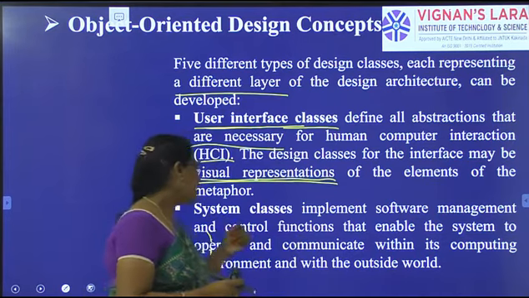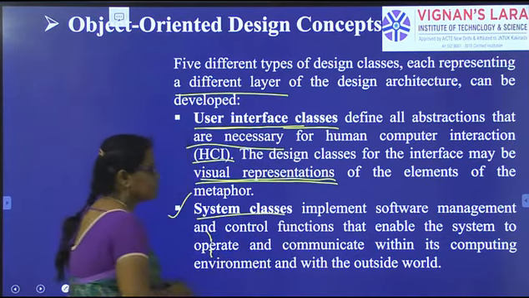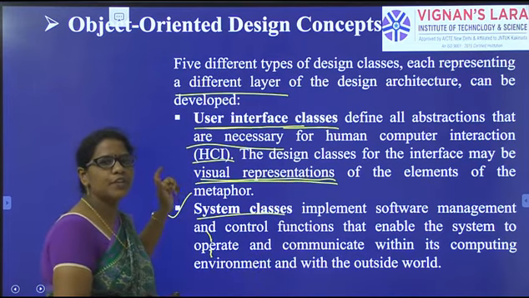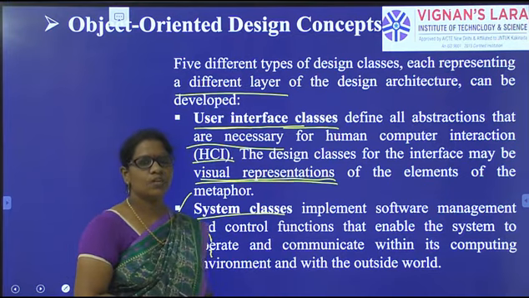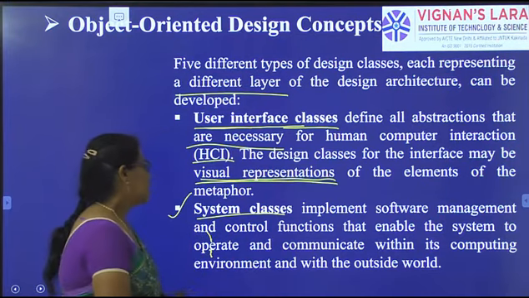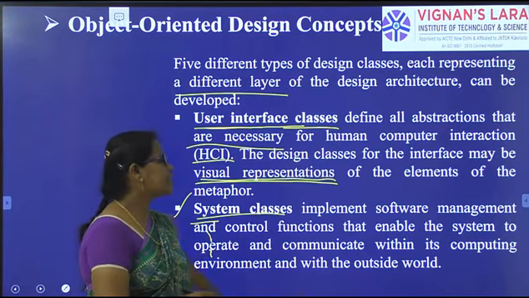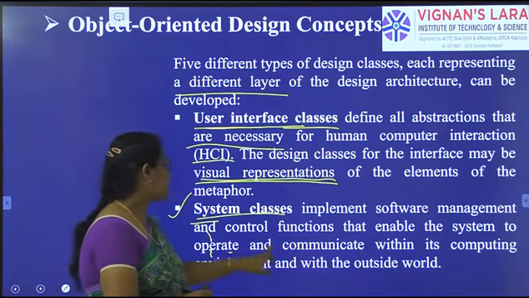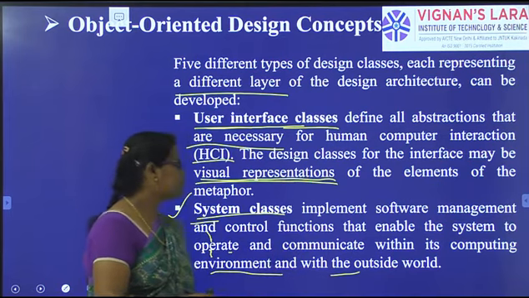And the second one is the system classes. So the first one is the user interface classes and the second one is the system classes. What are the system classes? System classes implement software management and control functions that enable the system to operate and communicate with its computing environment and with the outside world.